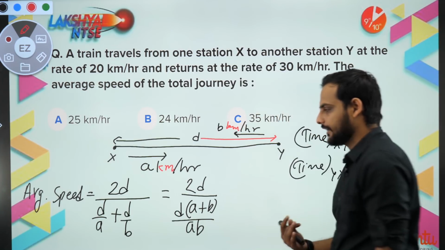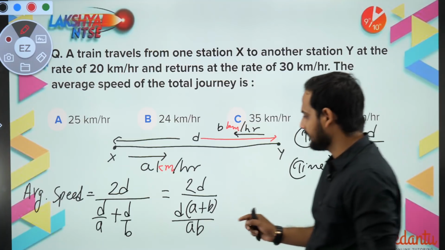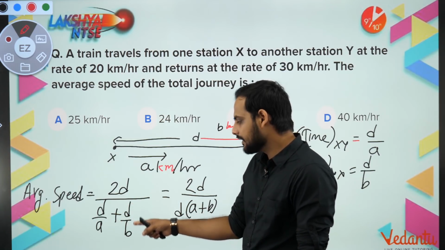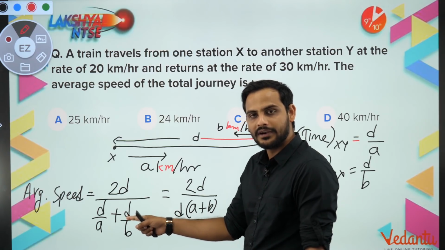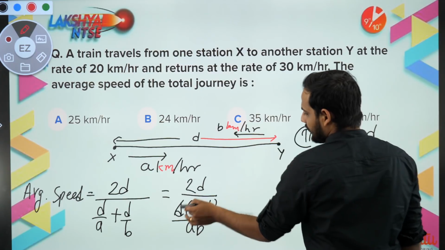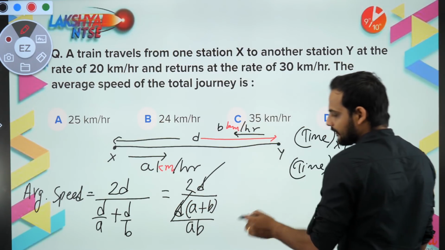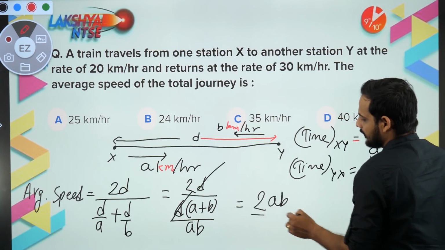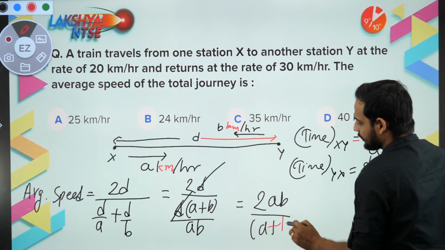I have just taken the LCM, nothing hi-fi I have done here. So you will get DB by AB plus DA by AB, so take D common, D times of A plus B upon AB. Now as you can see, this D and D get cancelled, this AB will go up, so you'll be getting 2 times AB divided by A plus B.